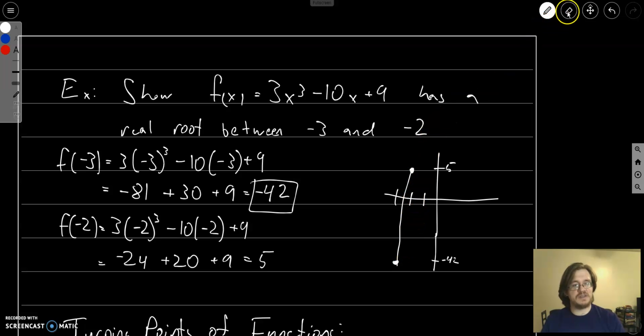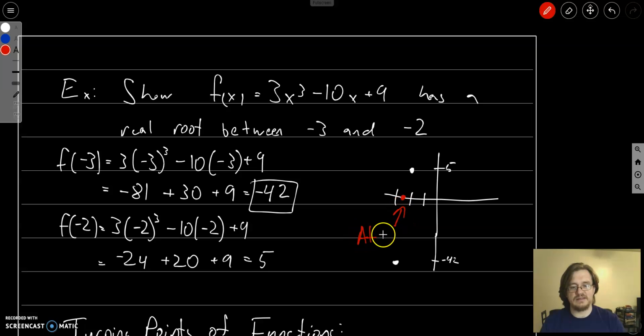Now, it could be the case that this function comes up and crosses the x-axis a bunch. I don't know for sure. However, I do know that there has to be at least one root in between.